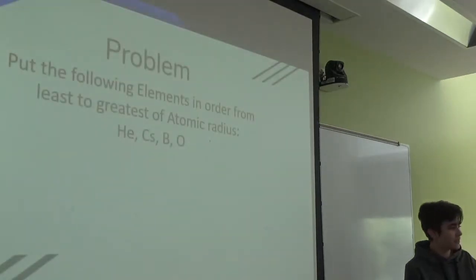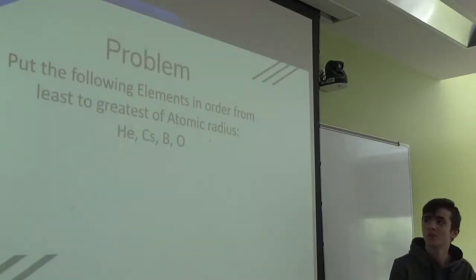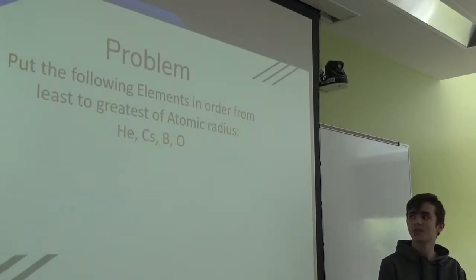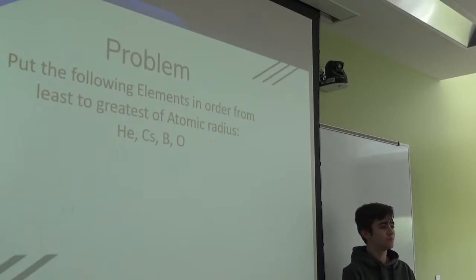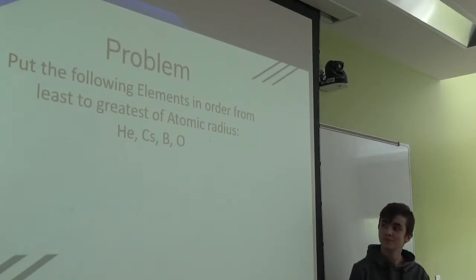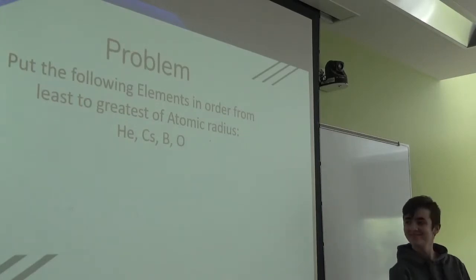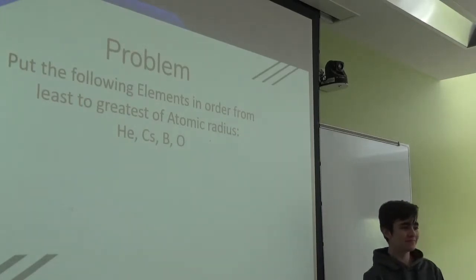Okay, so here's the problem. Put the following elements in order from least to greatest atomic radius: H, He, C, Cs, B, and O. Anyone got the answer?